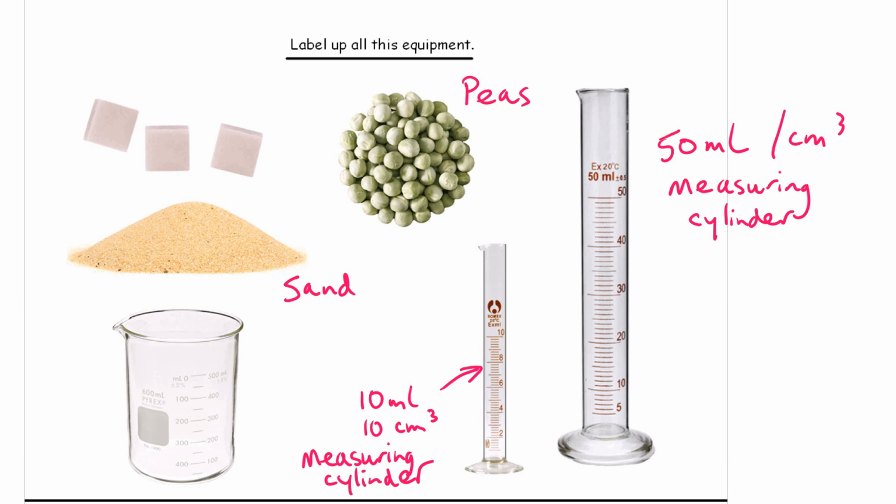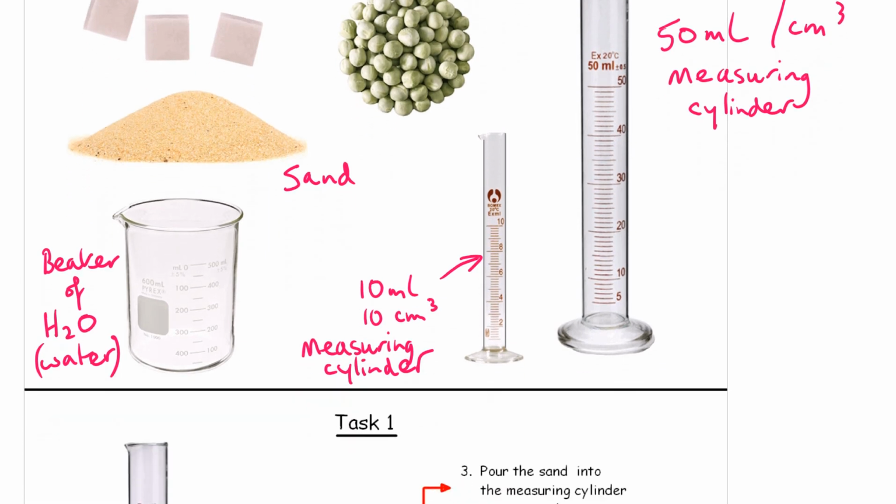And then in the second experiment, we're going to have a beaker of H2O, that's water, and sugar. So, let's get on with what we're going to do. What does it all mean?